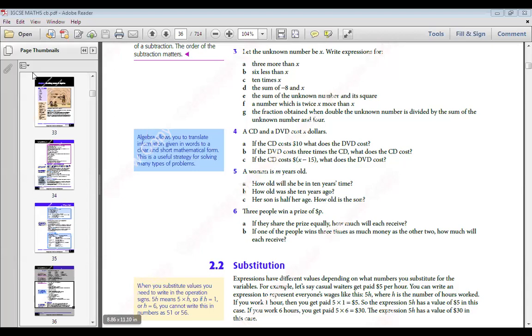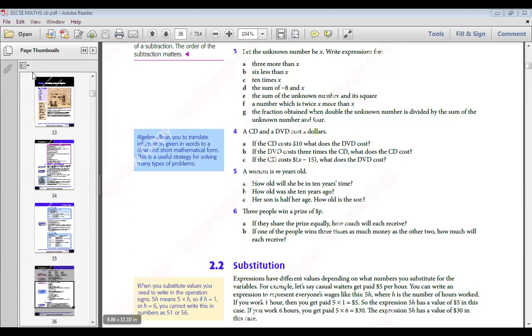And what does the CD cost? They are asking, if the DVD costs 3 times the CD. So let the CD and DVD together cost X. Let the CD be dollar Y, and the DVD be dollar 3Y, just 3 times of it.